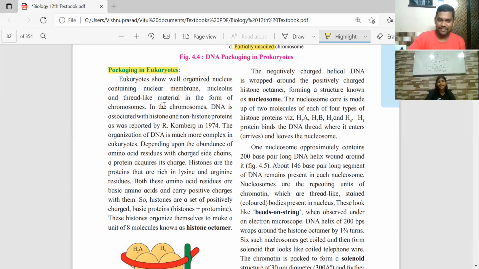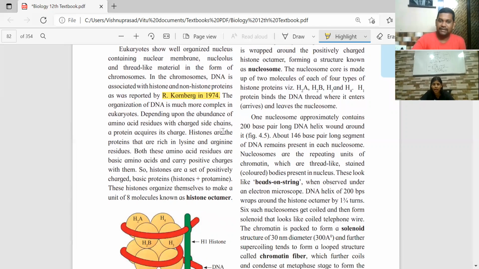Here there is a nucleosome model of DNA. We will come to that. But how the packaging is done in eukaryotes was reported by R. Kornberg in 1974.